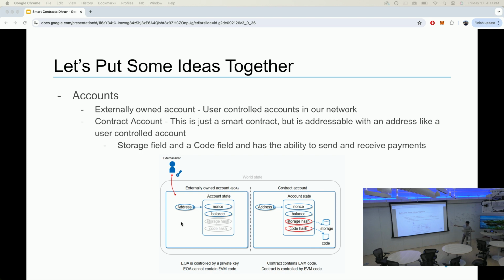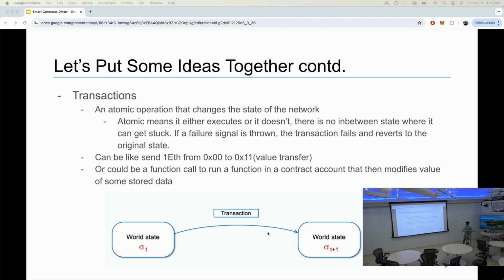And then in the contract account, you're going to have the same nonce and balance, but you're going to have the two things that make it unique and that define the smart contract, which is the code itself and then storage for some variables that the function is going to interact with. This really mimics the Ethereum smart contract type of system. And the next few slides are really about Ethereum smart contracts.